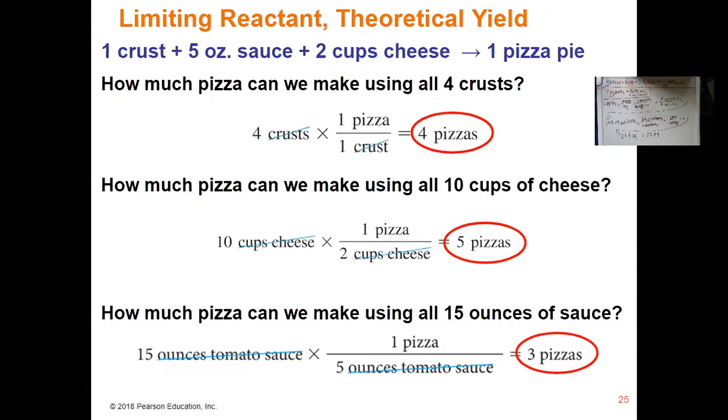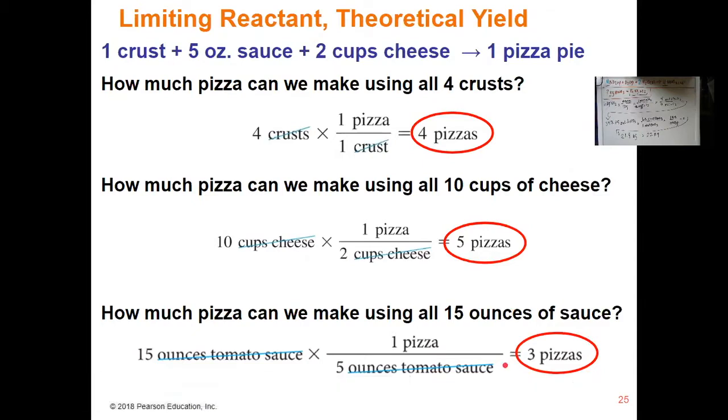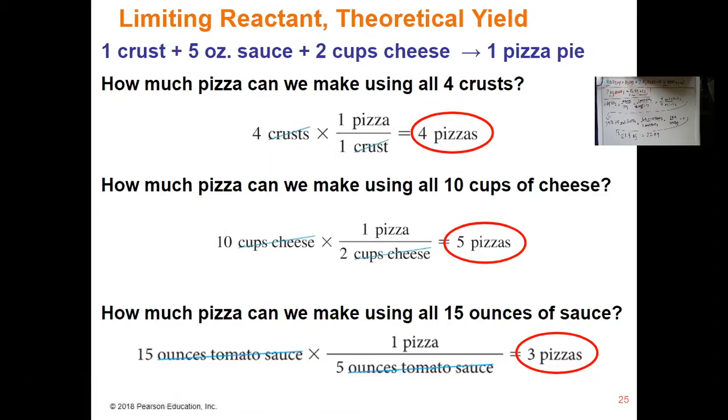I'll still have some crust and some cheese left, which is delicious, but it's not going to make me a whole pizza. So this value here is the theoretical yield for my reaction. It's the amount of pizza I can make before I run out of one of my components.